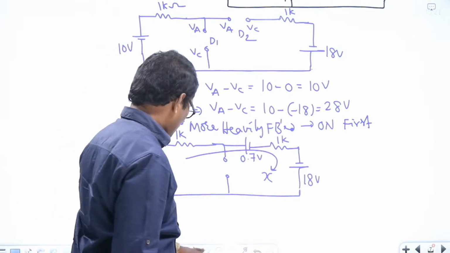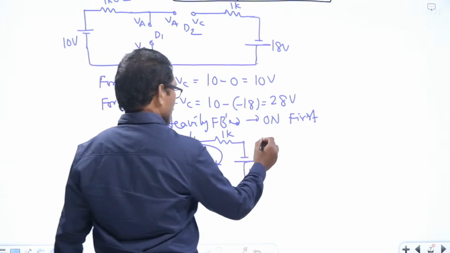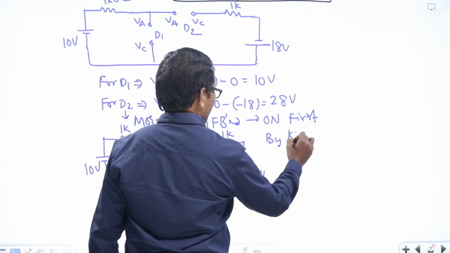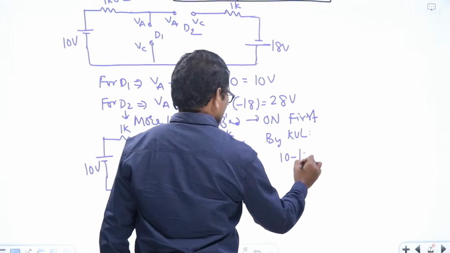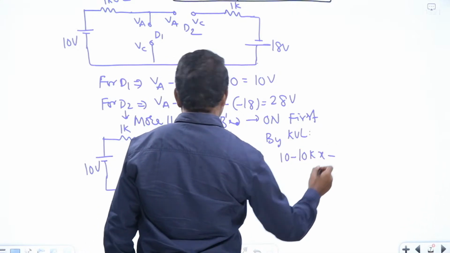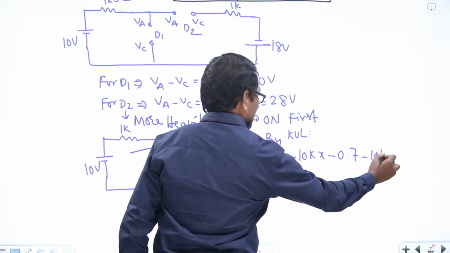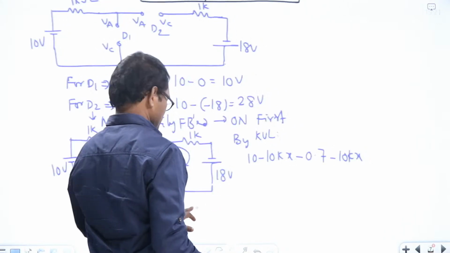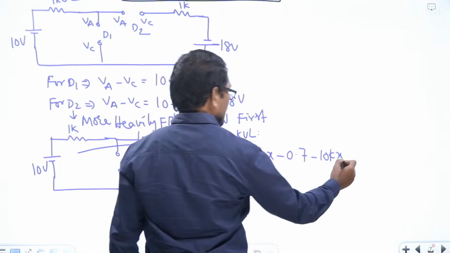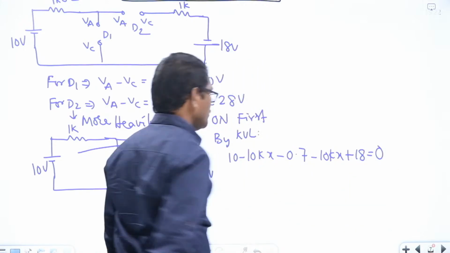Right? So how can we apply KVL? By KVL, 10 minus 10kx minus 0.7 minus 10kx minus of minus 10, that means plus 18, is equal to 0.